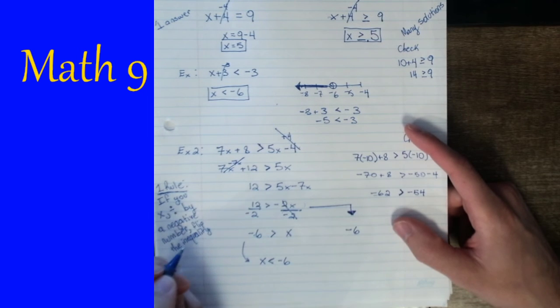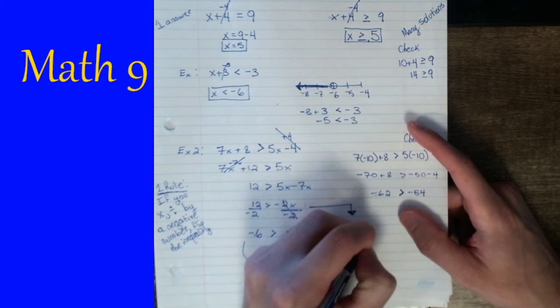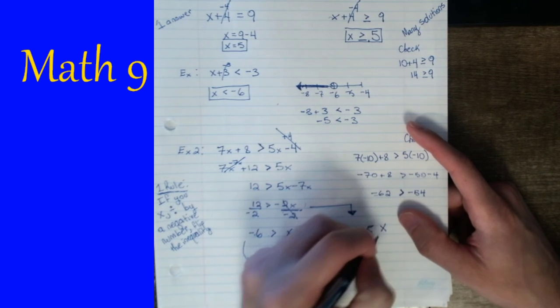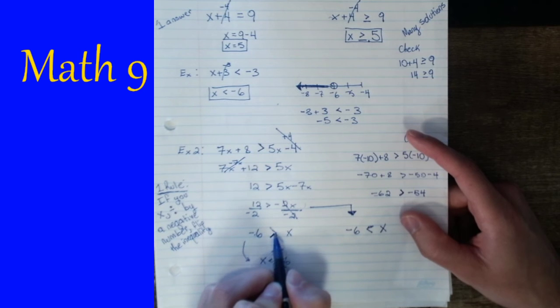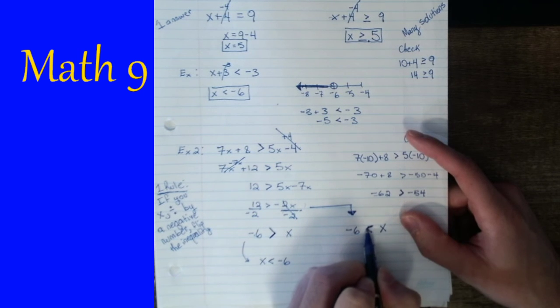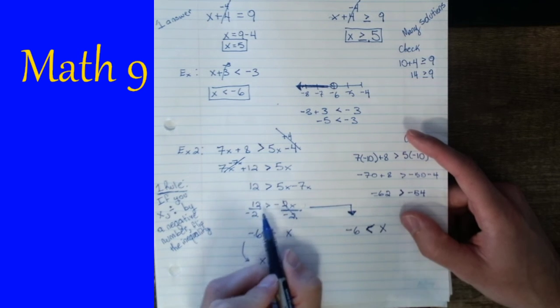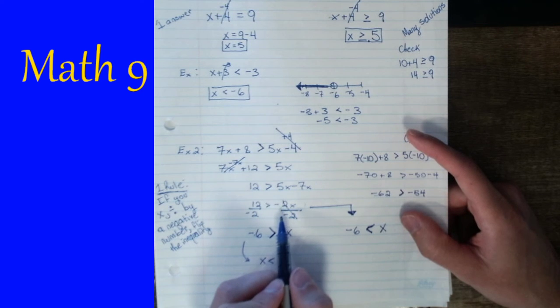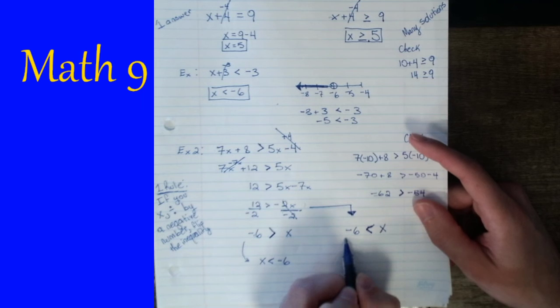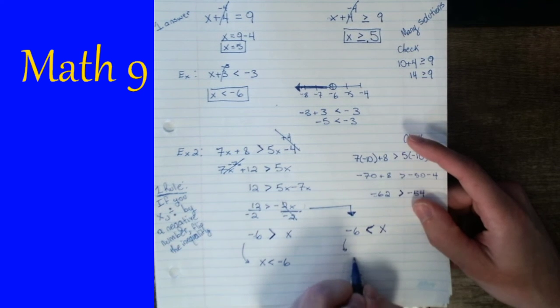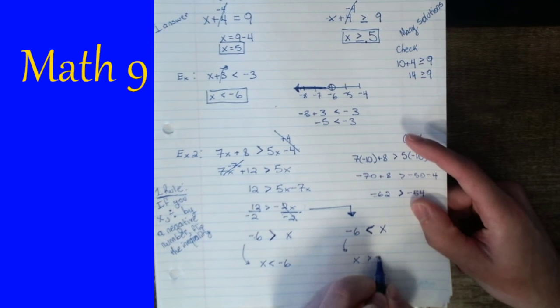So -6 and x. So this inequality here needs to flip the other way because I divided by a negative number. So now this reads, so you know I like to flip these around, x is greater than -6.